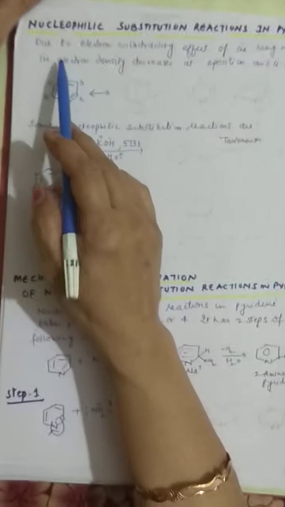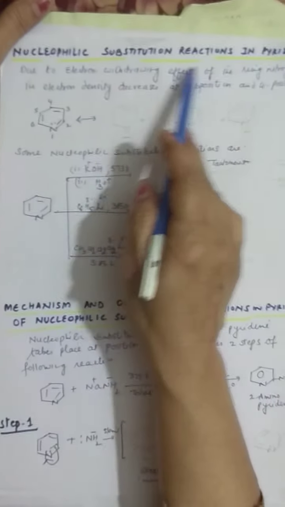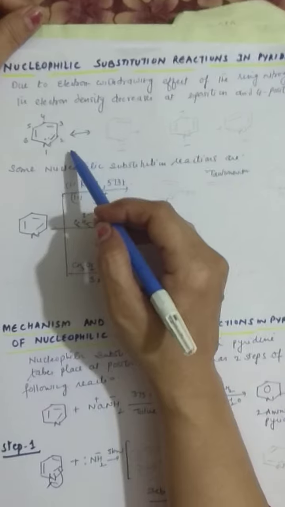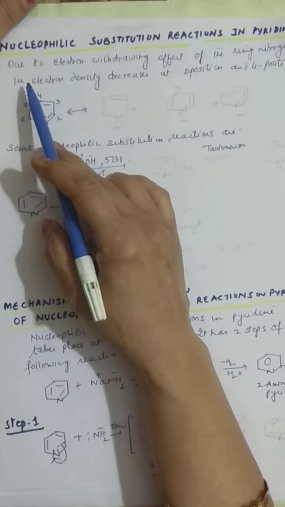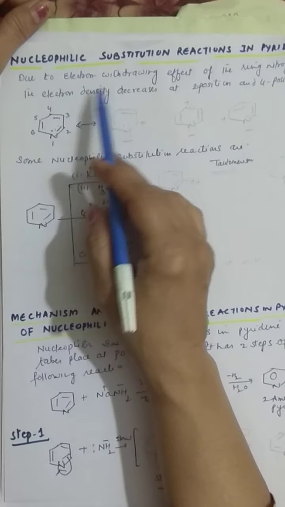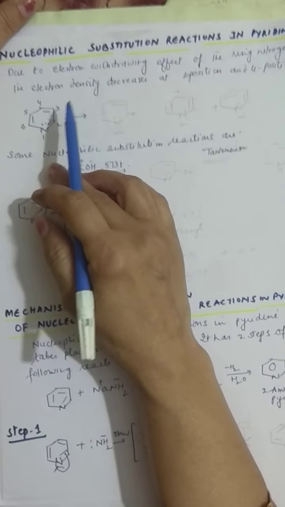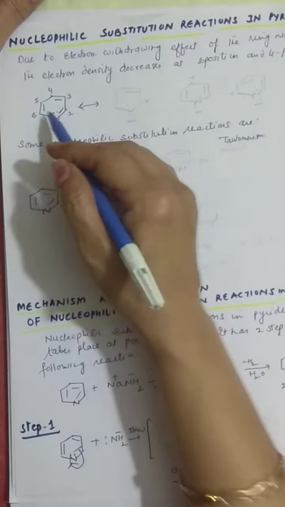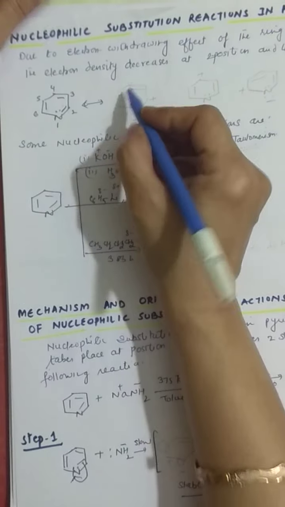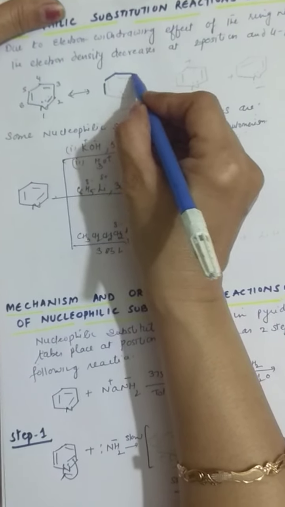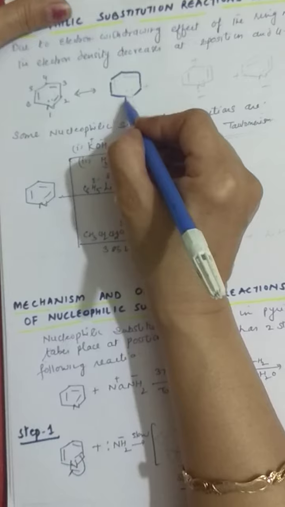So let's explain the nucleophilic substitution reactions in pyridine. You have studied the electron withdrawing effect of the nitrogen atom. So electron density is decreased at position number 2 and 4. So we'll write the resonating structure.